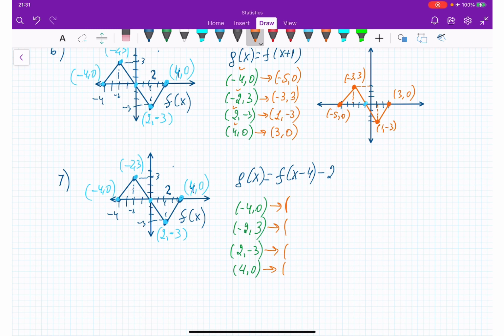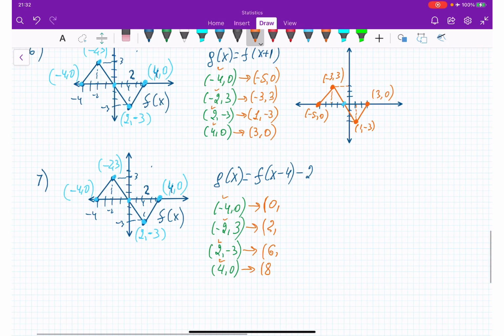So I have x minus 4. Therefore, my x is going to change by plus 4, right? Negative 4 plus 4 is 0. Negative 2 plus 4 is 2. 2 plus 4 is 6. And 4 plus 4 is 8.